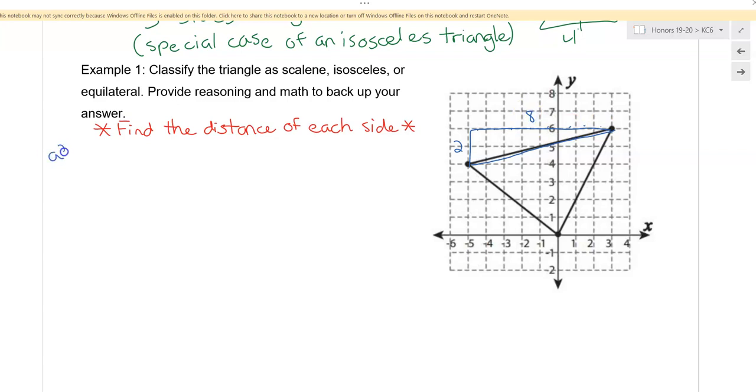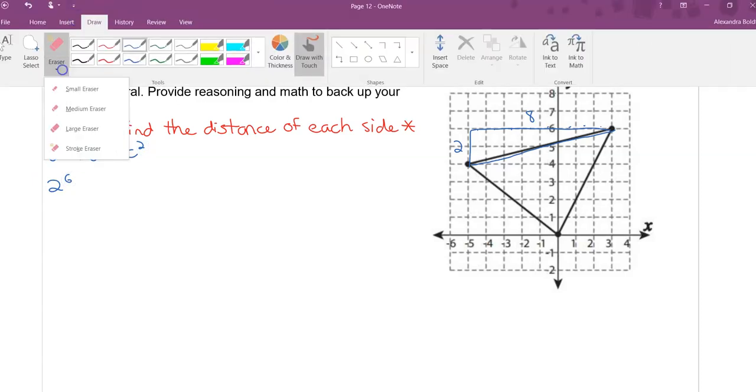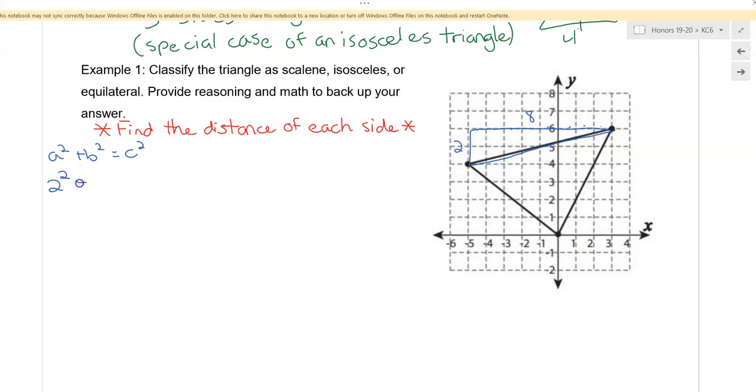So a squared plus b squared equals c squared. 2 squared plus 8 squared is our c squared.